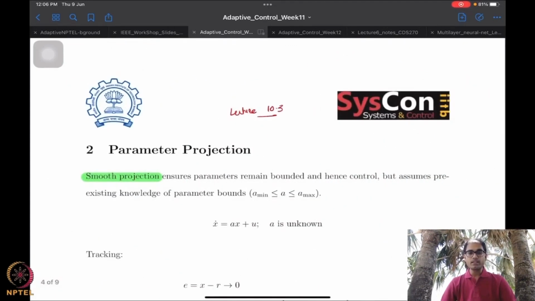This was, of course, rather undesirable, and we first talked about tackling this using the parameter projection method, right?